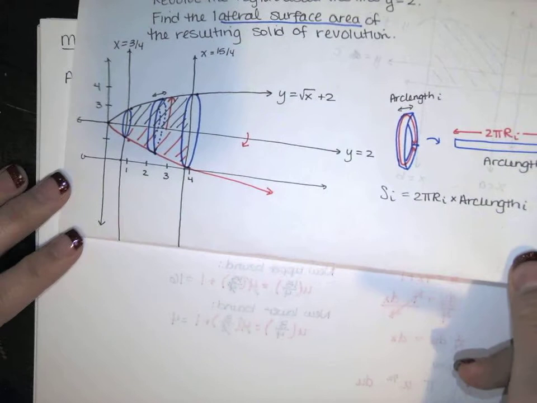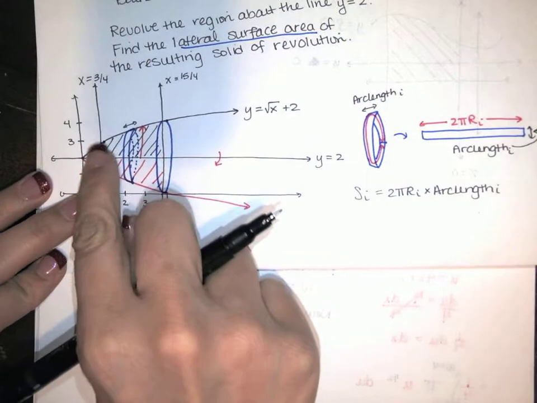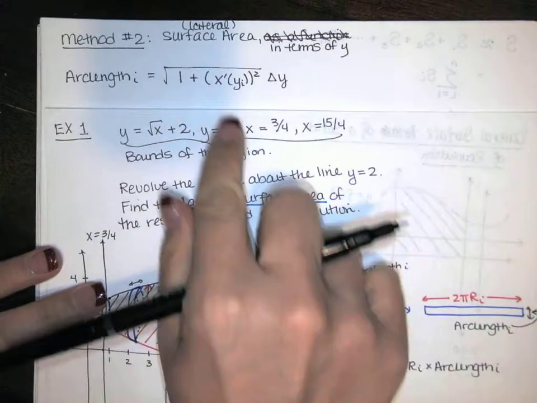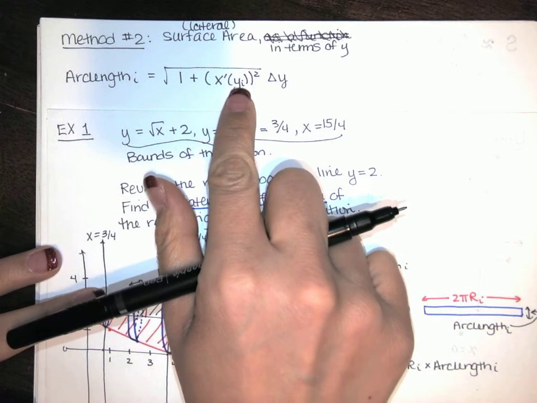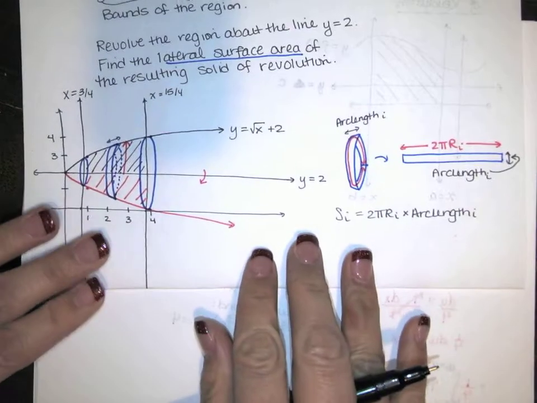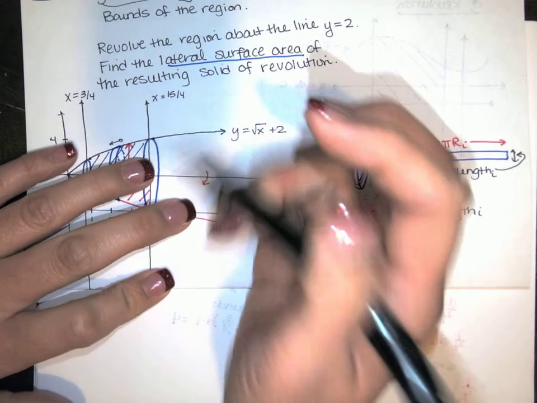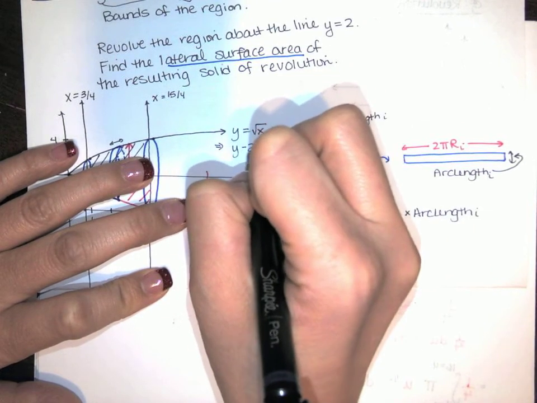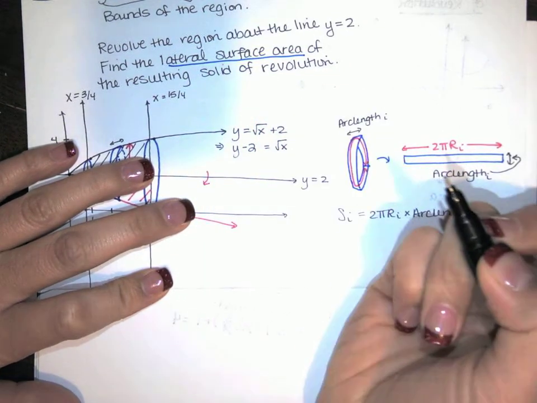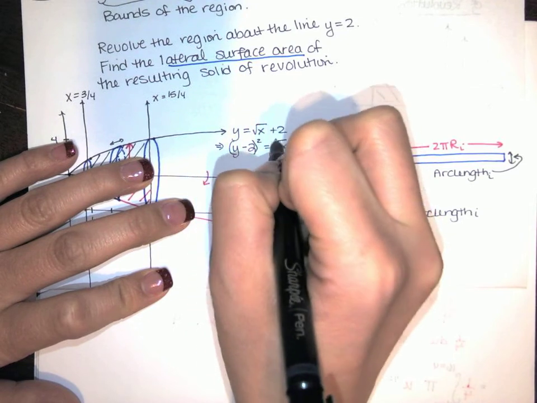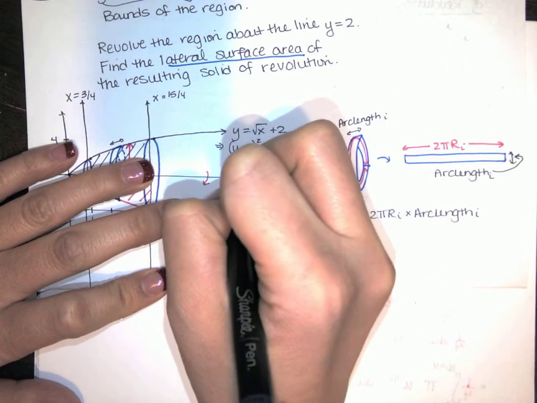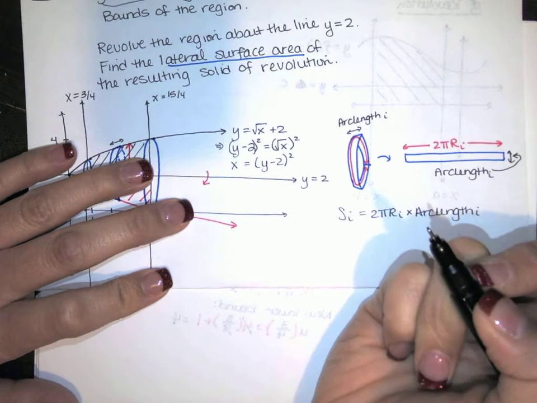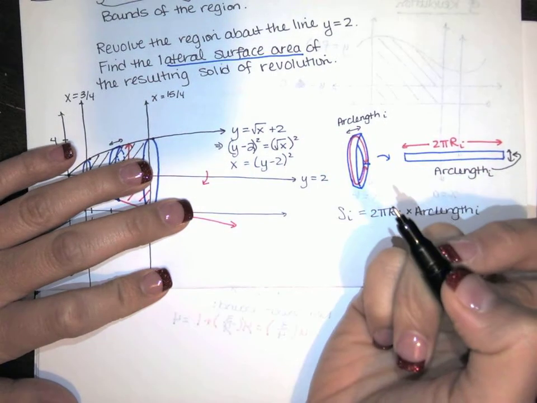Now this time, this is my curve, it's given by this function, but notice I need x as a function of y so I can take its derivative. So I need to solve this equation for x. Well, if I subtract 2 from both sides, I get this. And if I square both sides, I've got x equals y minus 2 quantity squared. So that's my x as a function of y.